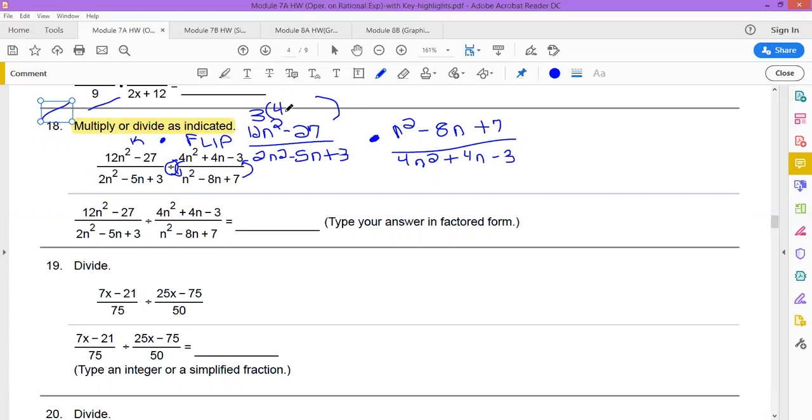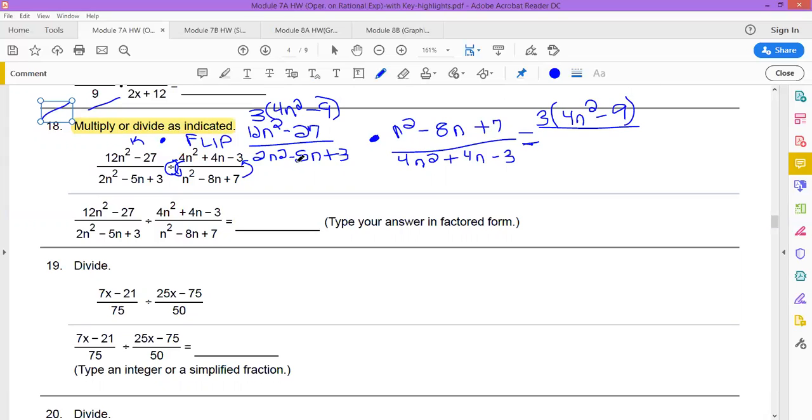It'll be 4n squared. And what do I multiply 3 by to get minus 27? It'll be minus 9. So in the upper left of our first fraction, we're going to replace those terms with 3 times 4n squared minus 9.